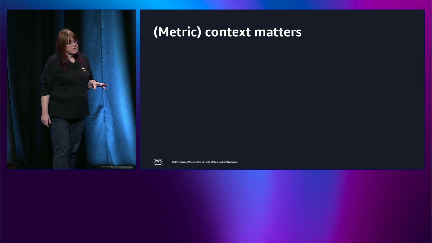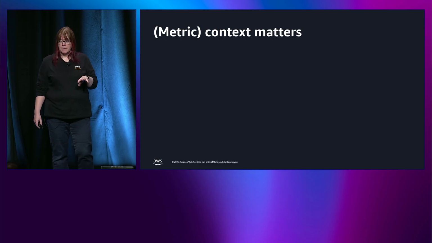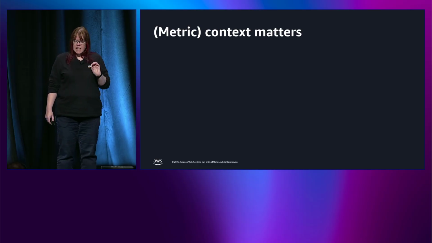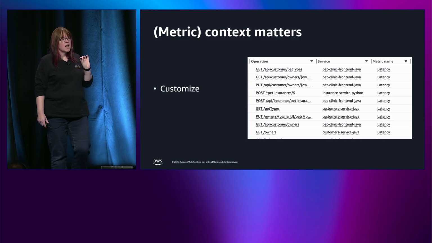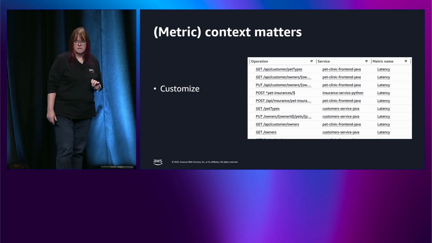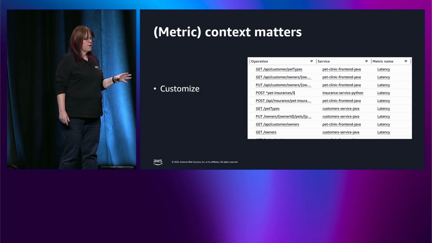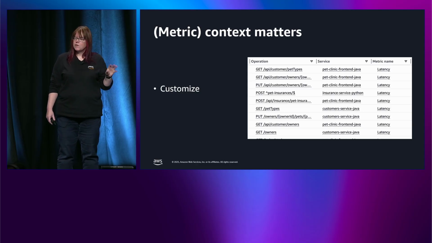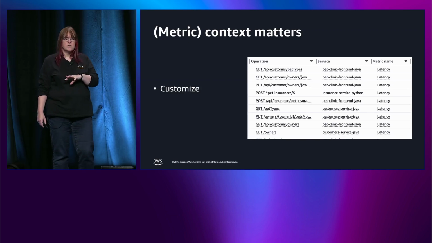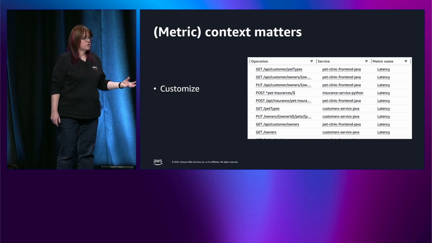So I've talked a little bit about business metrics and golden metrics. In CloudWatch, these are called custom metrics. They are metrics where you define those metrics and the KPIs yourself, and you have full control over the metadata that shapes your metrics. In CloudWatch, that metadata is called dimensions.